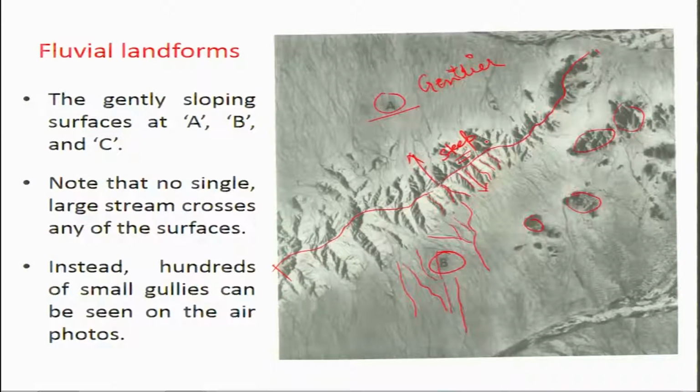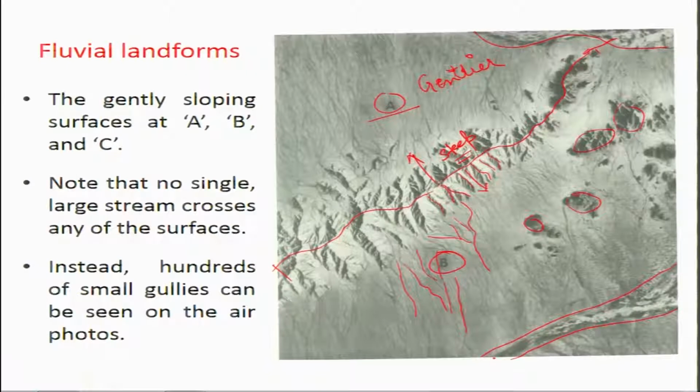And that is because there is surface runoff, and that may be from a fluvial source like a river. Here we are looking at a major channel, and at this place also we have a major channel.